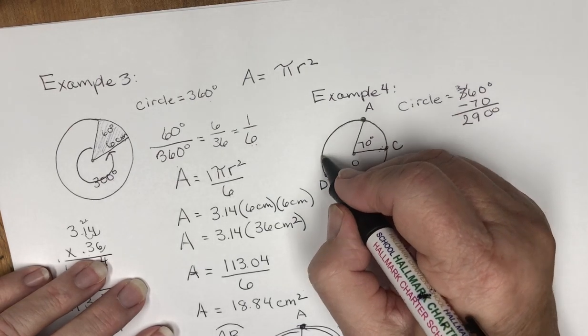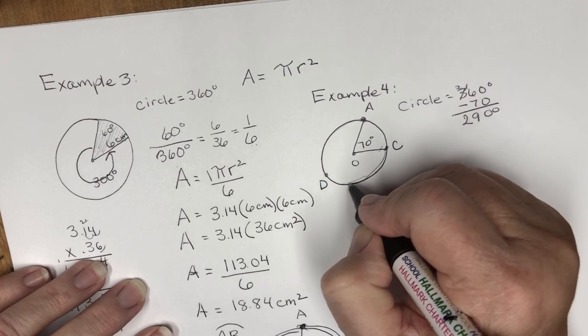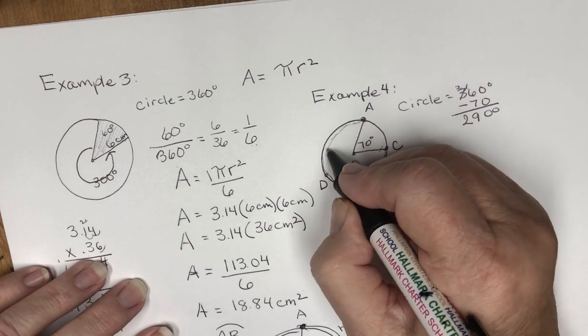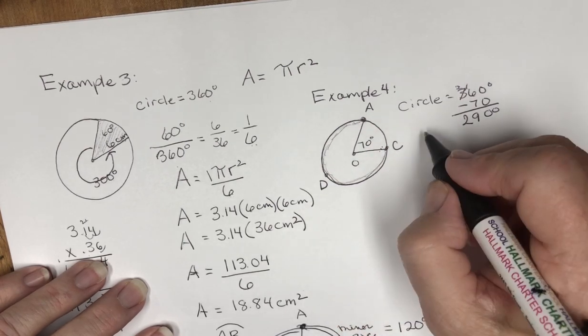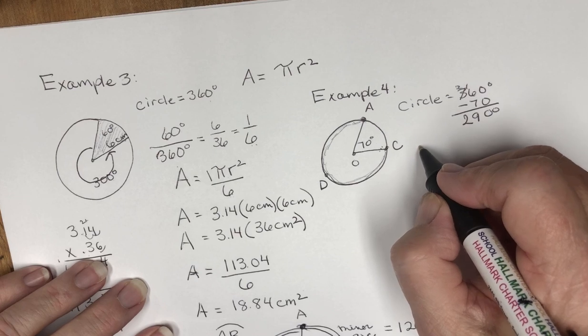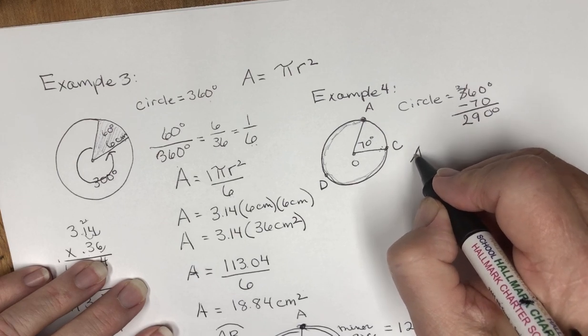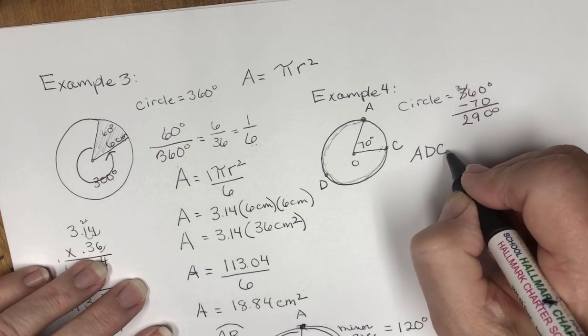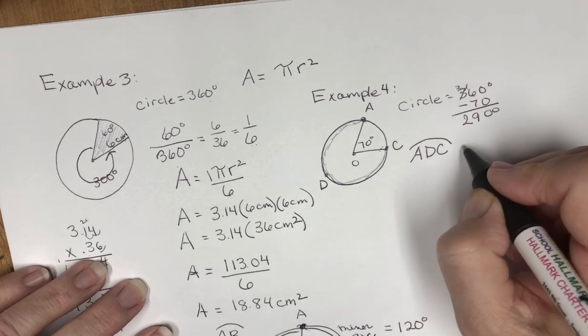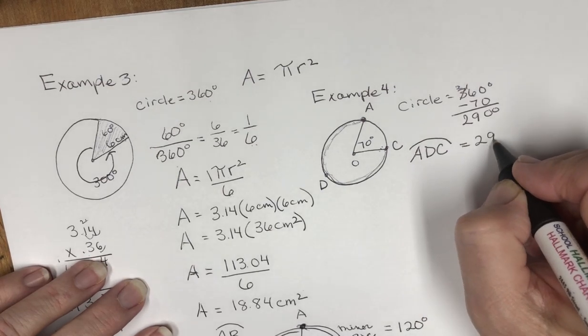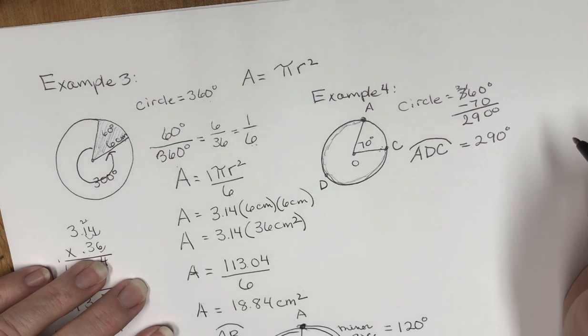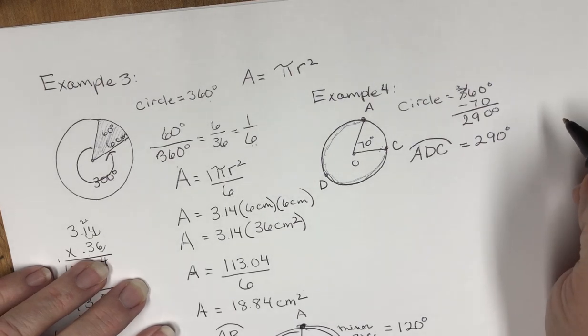So the major arc is this part right here, coming around this way. So arc ADC, that's the major arc, is going to equal 290 degrees. And that's all there is to that.